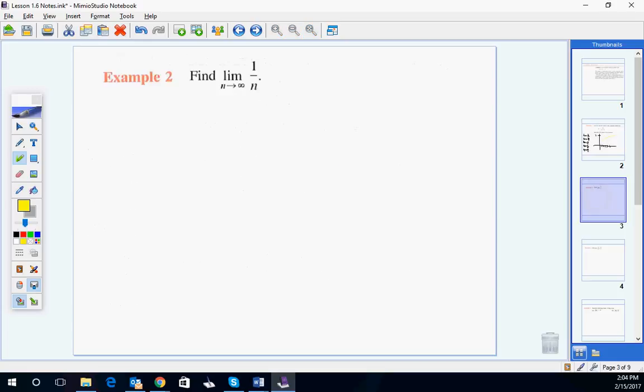So here, limit as n goes to infinity of 1 over n. What does this mean to you, or what do you think of? Well, what does 1 over n look like as a graph?